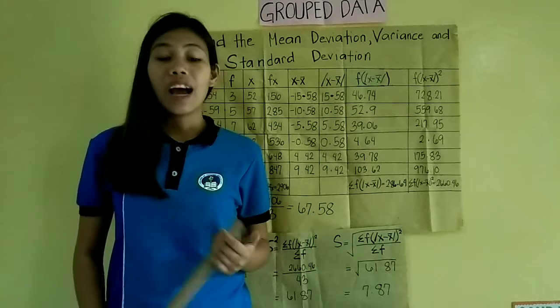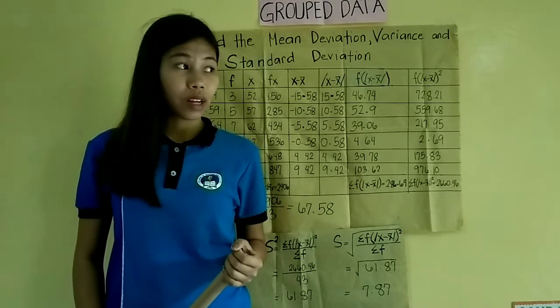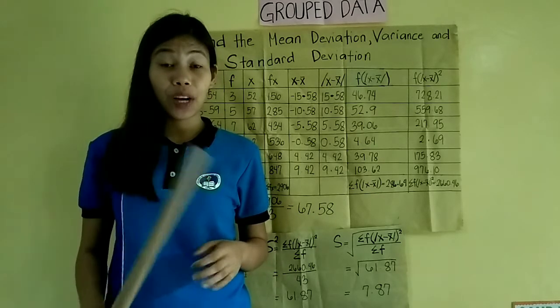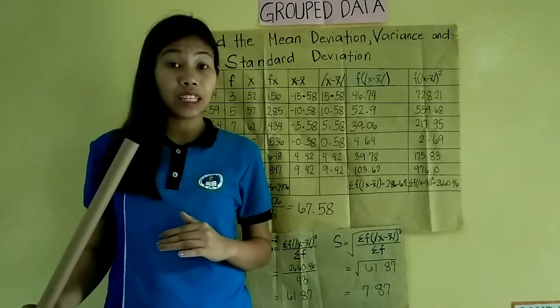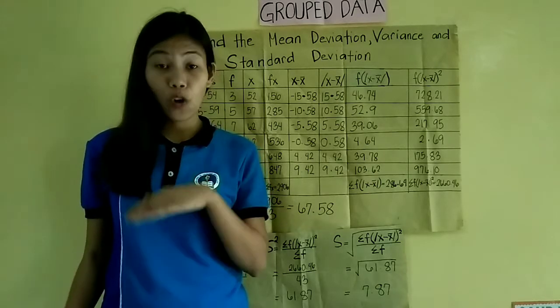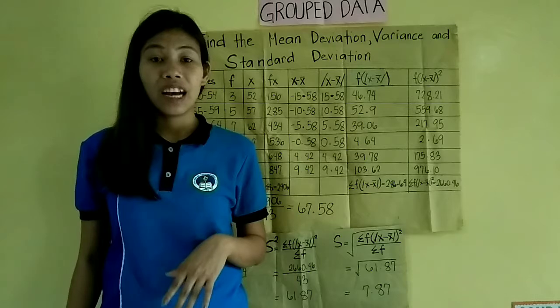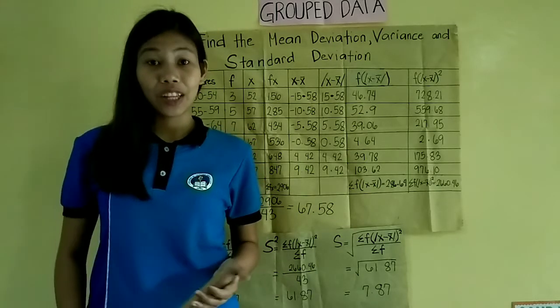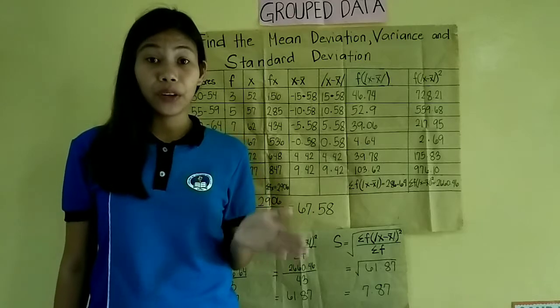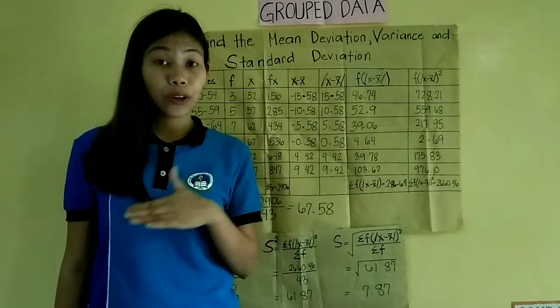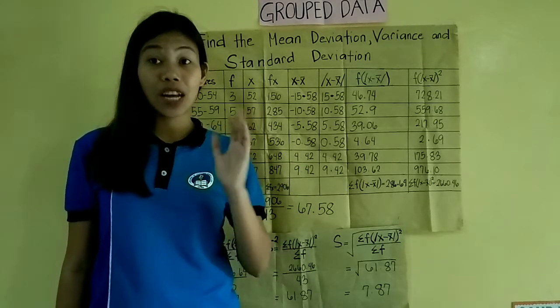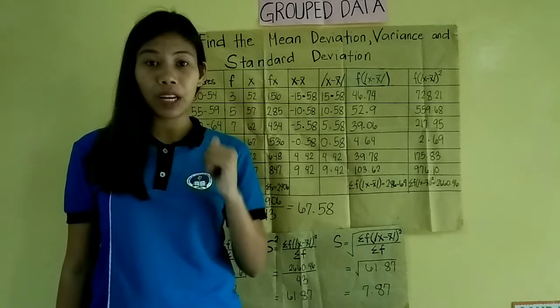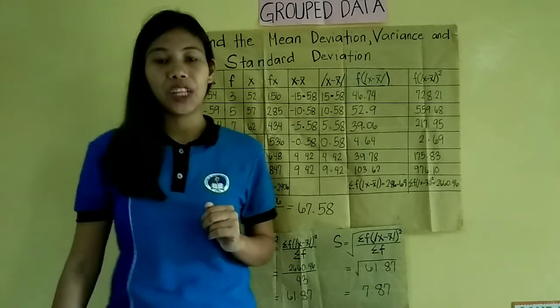Very good. S squared is equals to summation of the quantity of x minus mean squared over n minus 1. How about the standard deviation? That's right. You just have to square root your variance.